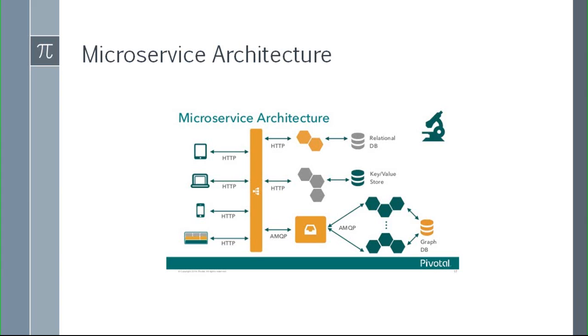MQTT is a very good protocol for use in IoT, the Internet of Things, because it's a lightweight protocol, whereas AMQP has more overhead than MQTT, which is considered a lightweight protocol.